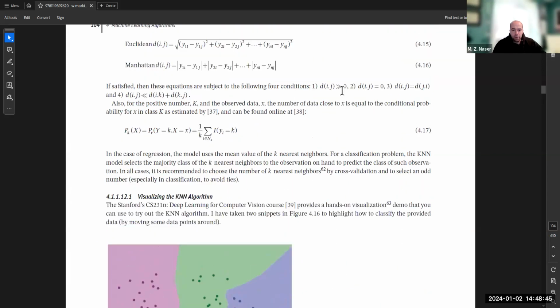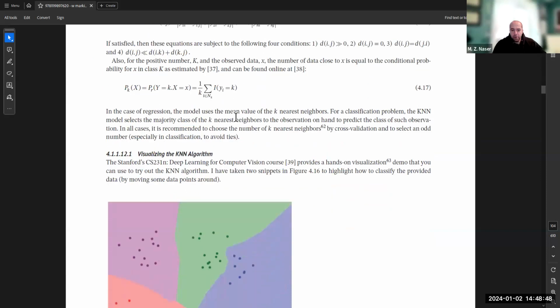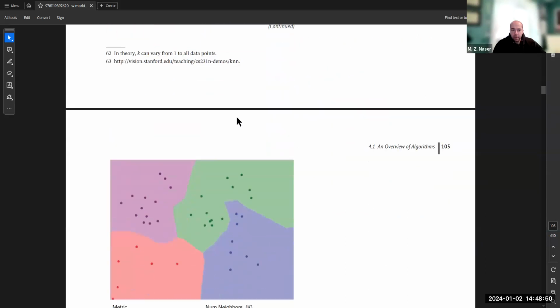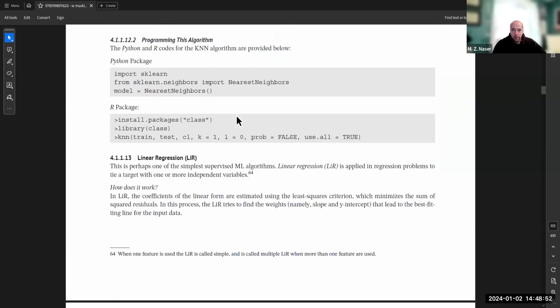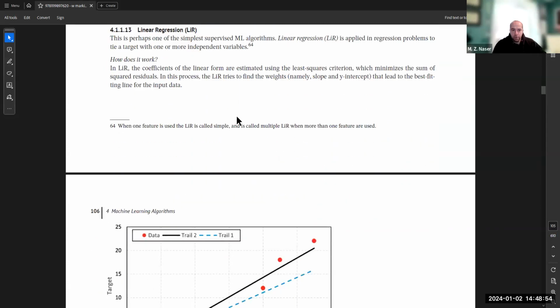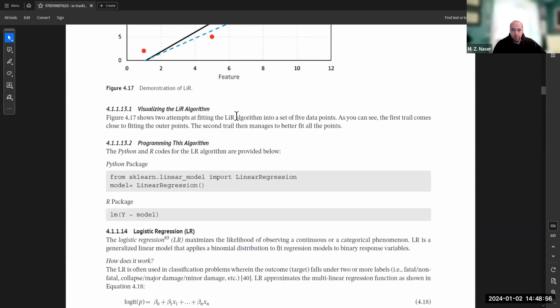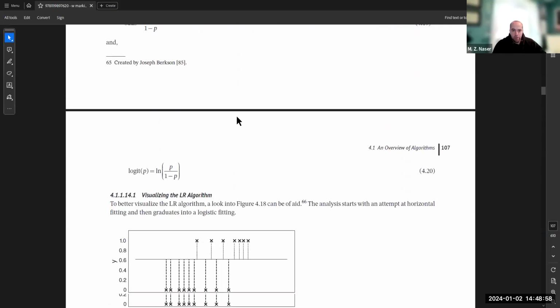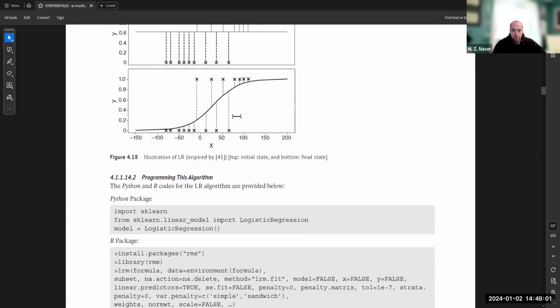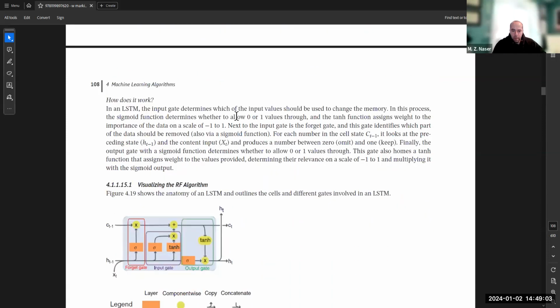And then we've seen these are the different distances that somebody could use to identify the closest class for a point. Linear regression, of course, is another simple one. Logistic, we've seen that one too. LSTM, we've seen those.